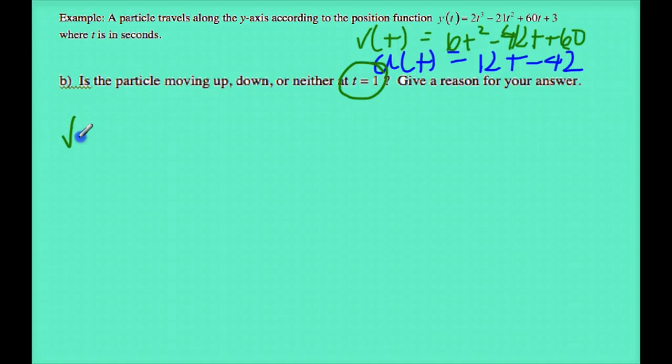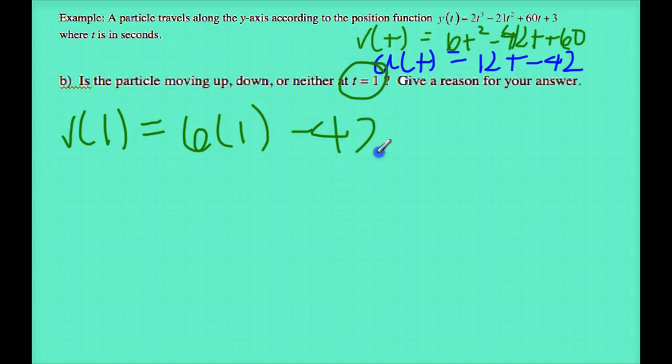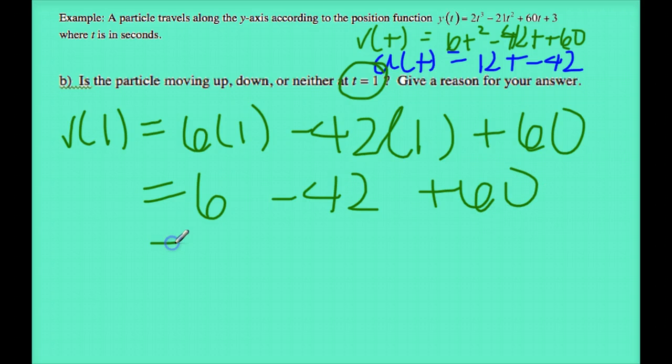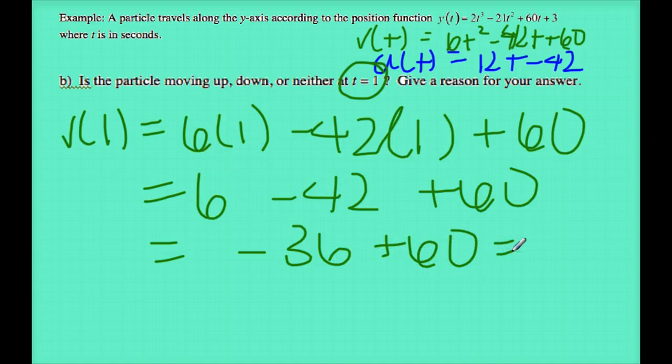So I'm going to get v of 1 is equal to 6 times 1 squared, which is 1, minus 42 times 1, plus 60. So I get 6 minus 42 plus 60, and that gives me negative 36 plus 60, which is equal to 24 feet per second. So am I going up, down, or neither?